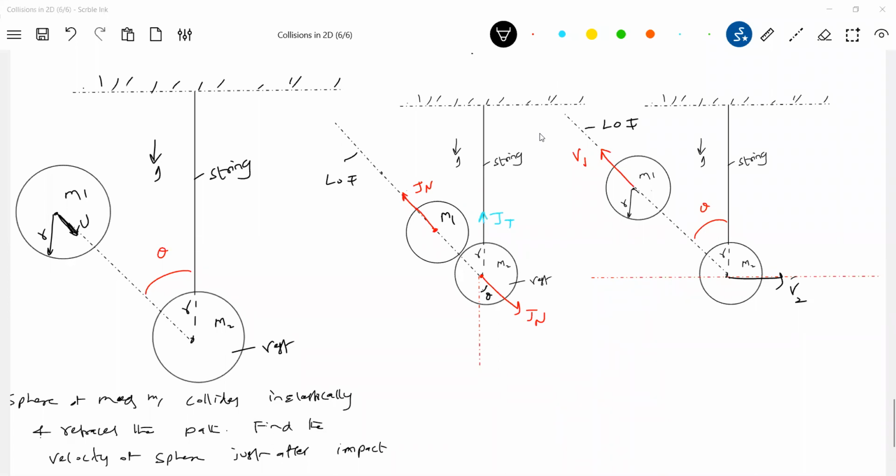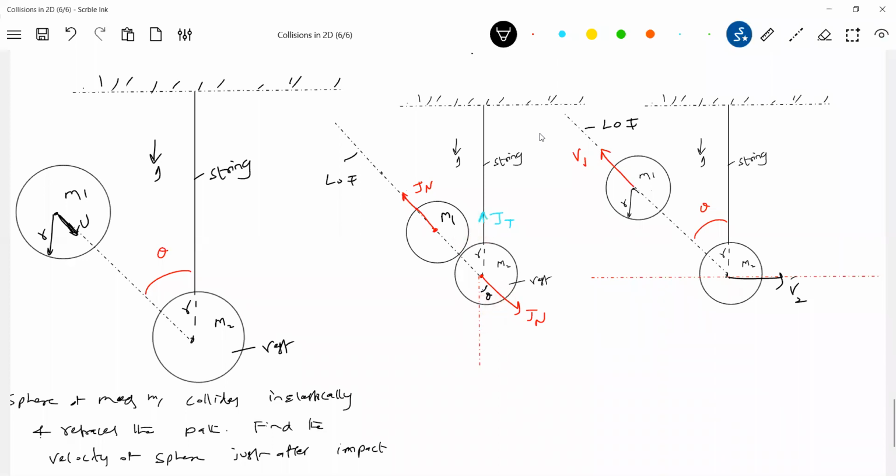Now, is momentum conserved along the line of impact? The answer is no, because the component JT cos theta comes into the picture. Is momentum conserved along the y-axis? No. Jn cos theta, Jn cos theta, but what about JT? Unbalanced.